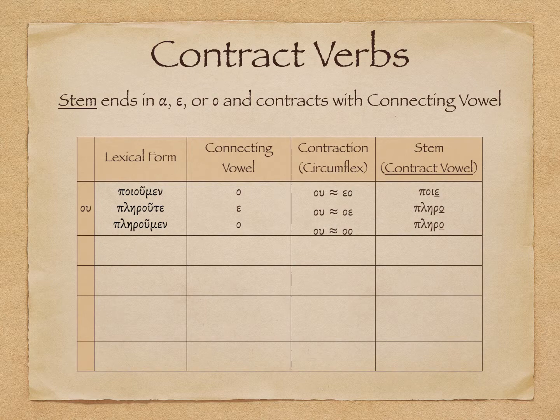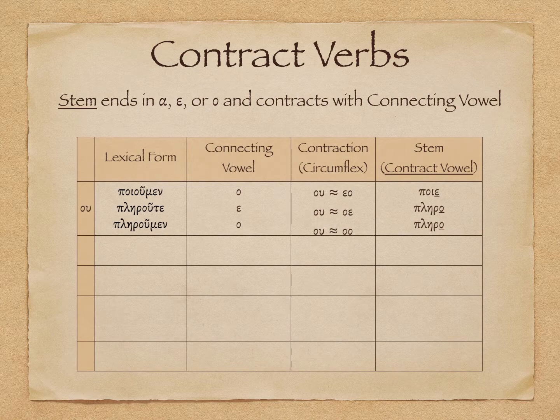Normally, stems end in a consonant. And what follows that consonant? It's the connecting vowel, and then the personal ending. And so it's not a problem because the consonant meets with the connecting vowel and then the personal ending, and there's no contraction. But if that stem ends in alpha, epsilon, or omicron, we have two vowels beside each other, and those contract.